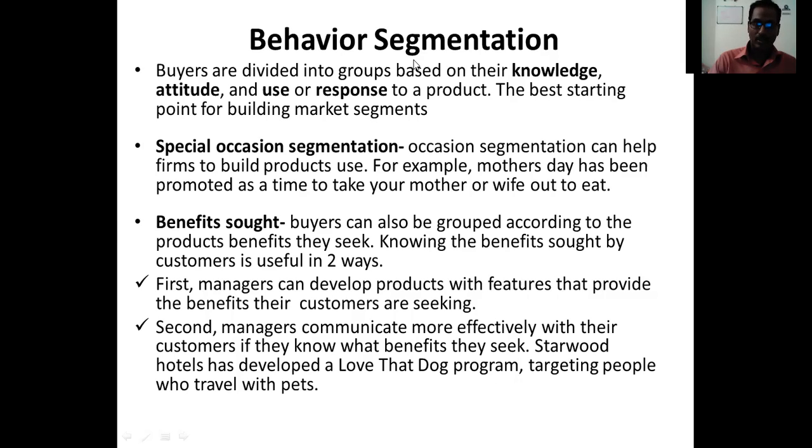Then benefits sought. Buyers can also be grouped according to the product benefit they seek. Knowing the benefits sought by customers is useful in two ways. We know that a product may be the same, but the benefit from that product may be different for different persons. Say, for instance, a cup of coffee. A cup of coffee can solve different problems or have different benefits for people. Some people drink coffee to socialize with their friends and family.